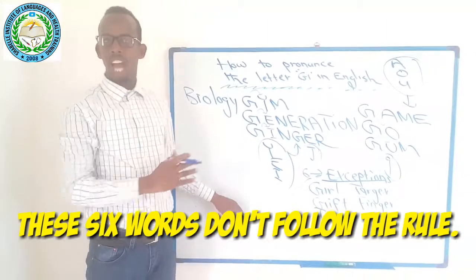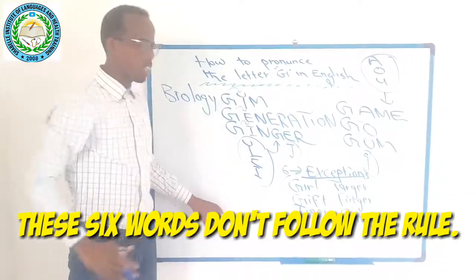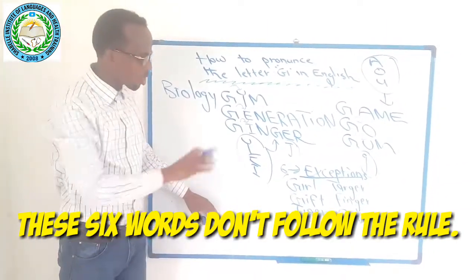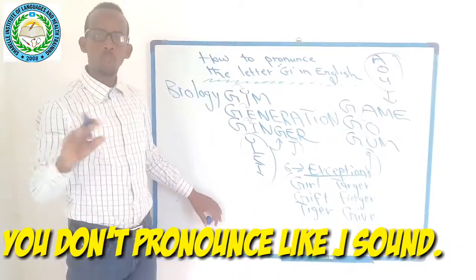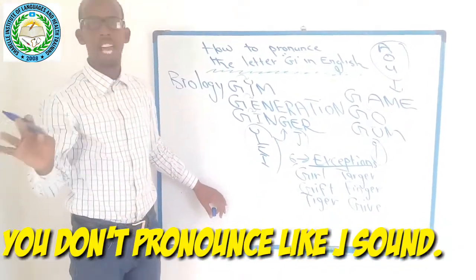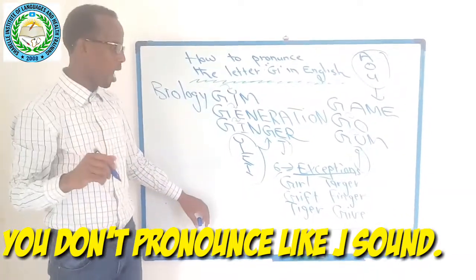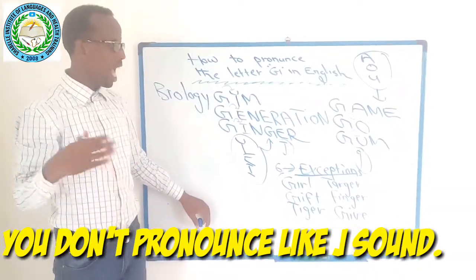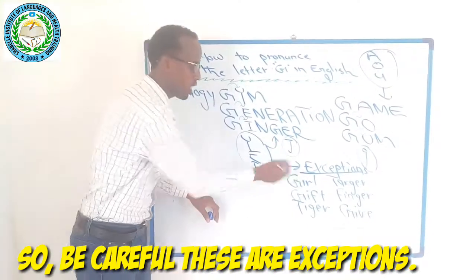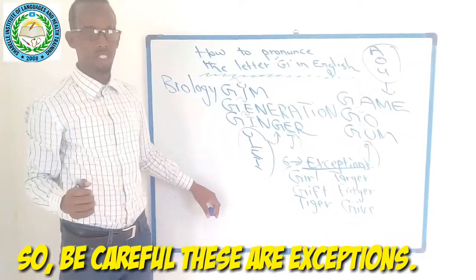These six words don't follow the rule. You don't pronounce them with the J sound, although the G is followed by I or E. So be careful, these are exceptions.